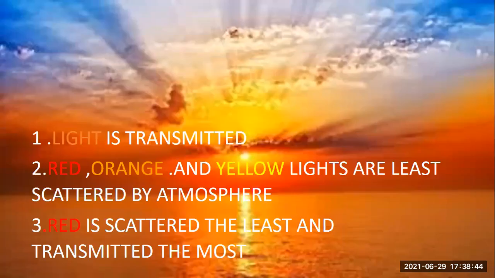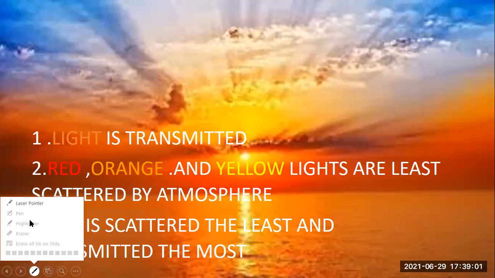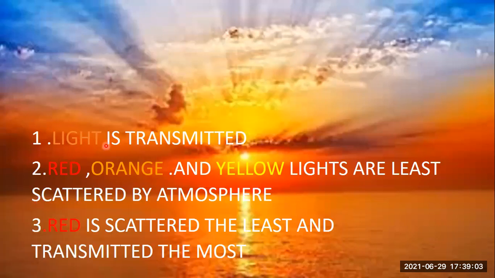We know that light has a spectrum of colors and it is transmitted. When light is transmitted, red, orange, and yellow lights are least scattered by the atmosphere.